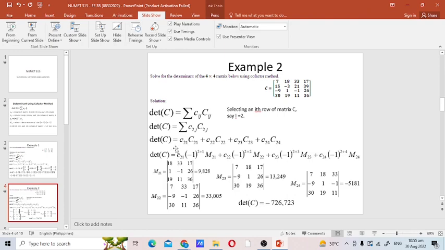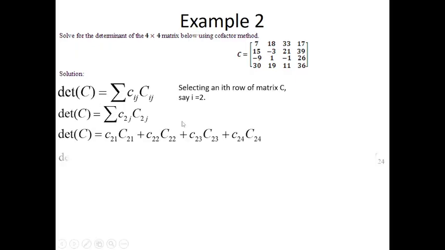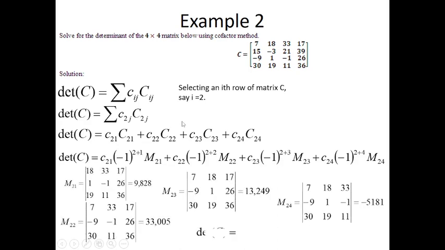So you see C21, second row, first column. So let me show that. This is C21, second row, first column.